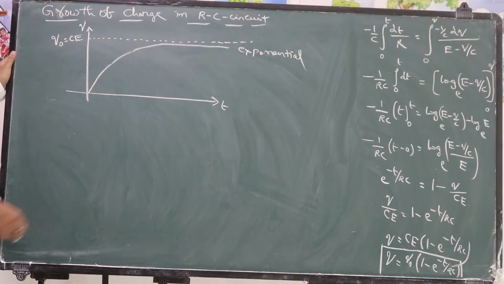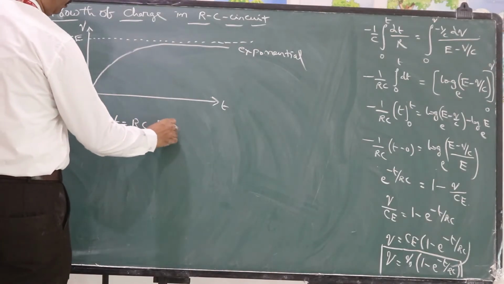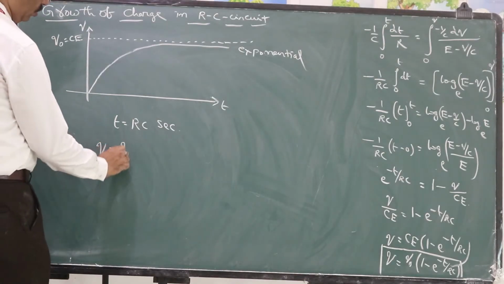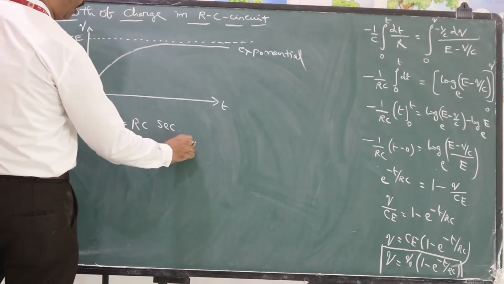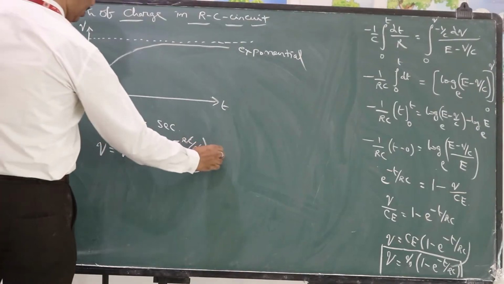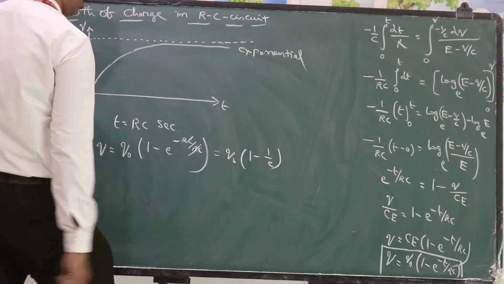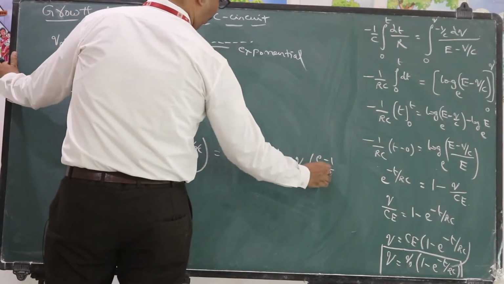Suppose I wait for a time t is equal to RC seconds, then what will happen? Q is equal to Q naught into 1 minus e power minus RC by RC. RC gets cancelled. That is Q naught into 1 minus 1 by e, that is Q naught into (e minus 1) by e.